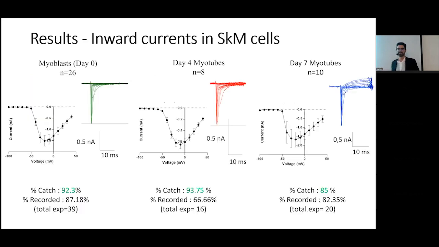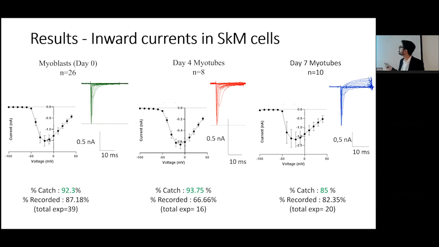Now I will give a brief overview of the inward currents in the skeletal muscle cells throughout differentiation. As you can see, we obtained a good catching rate and also a good recording rate for the myoblasts, so in proliferation. Then for day 4 myotubes, we obtained a good catching rate and a lower recording rate compared to the myoblasts, about 66%.